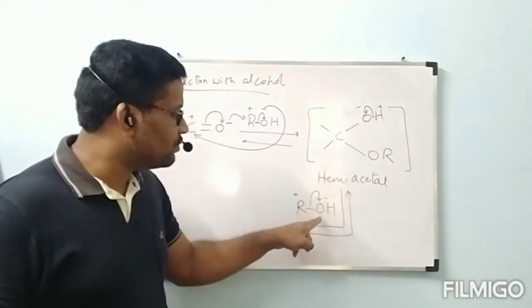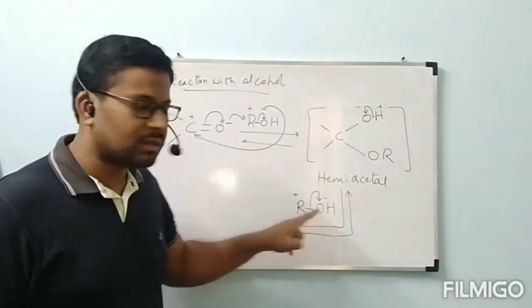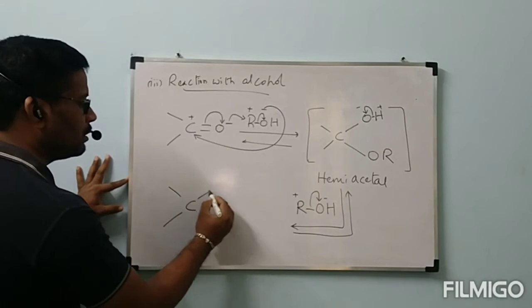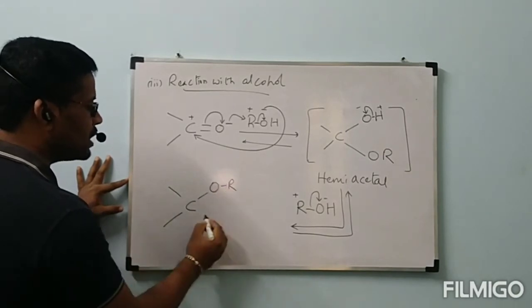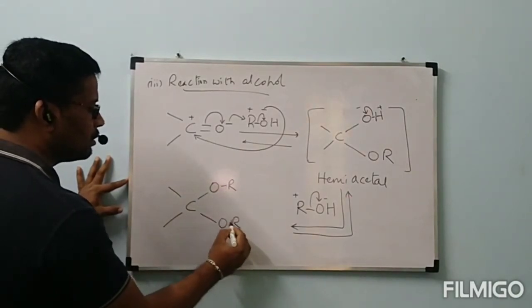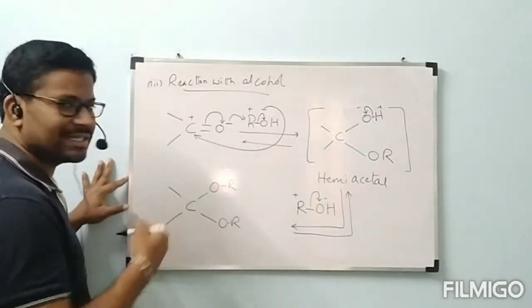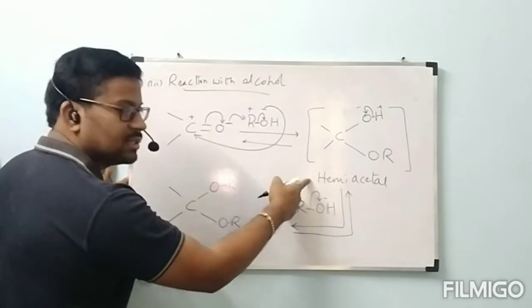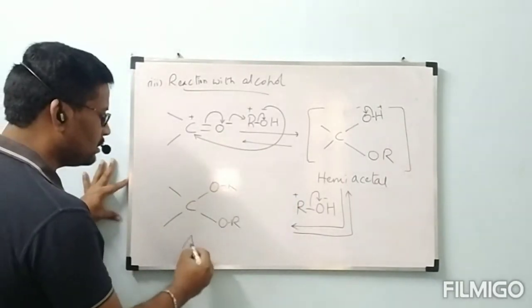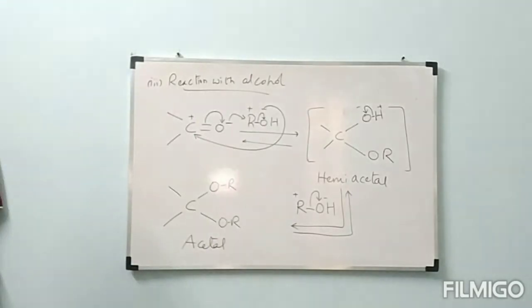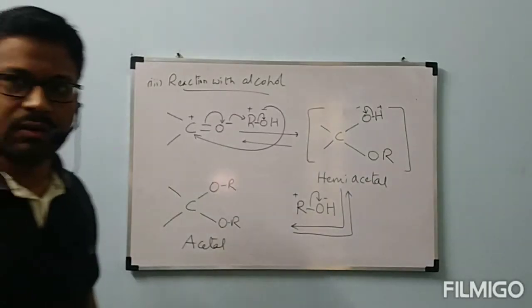H plus and OH minus will combine as water to form C with two OR groups. This is the second step. First step hemiacetal, second step acetal.